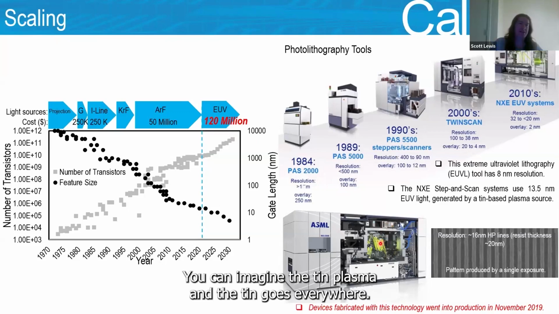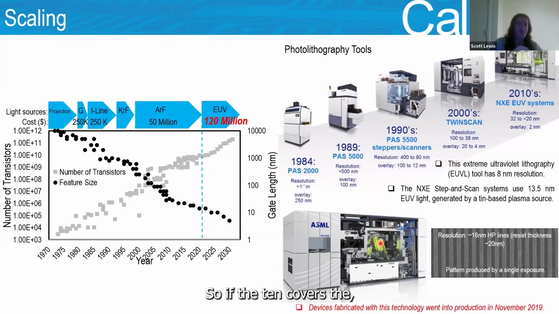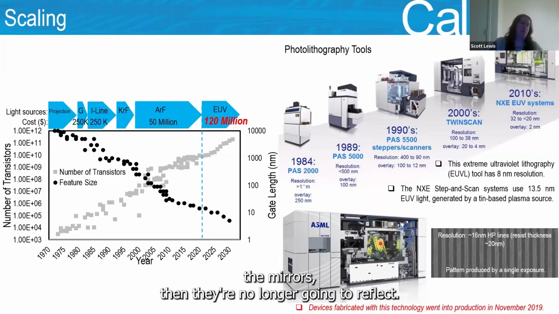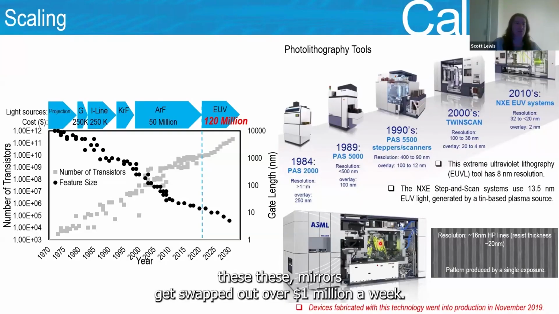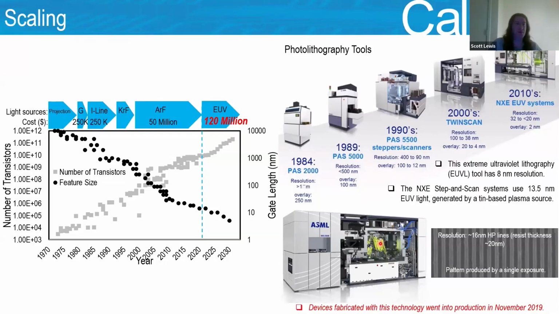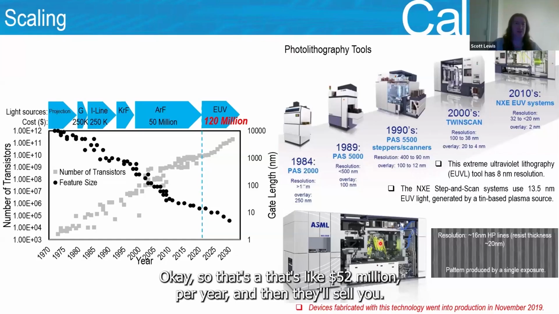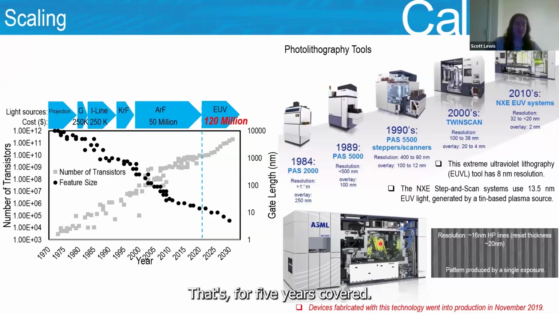You can imagine a tin plasma, and the tin goes everywhere, so if the tin covers the mirrors, they're no longer going to reflect. As I'm told, these mirrors get swapped out at $1 million a week. That's like $52 million per year, and they'll sell you that with five years cover.